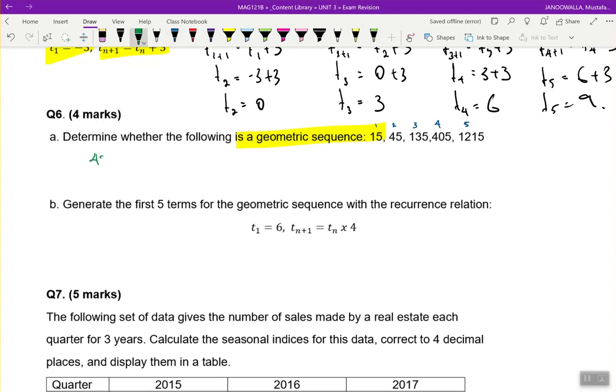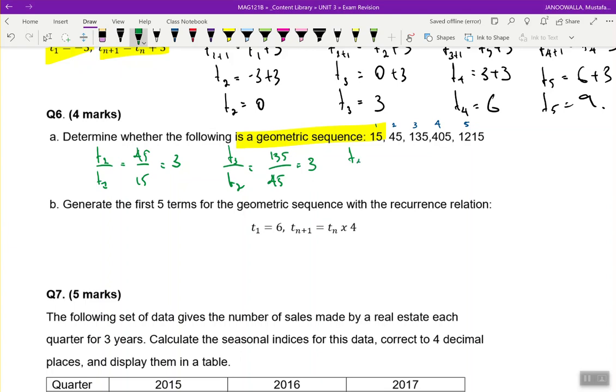So if I'm to write it out, term 2 over term 1 is 45 on 15, which is 3. Then term 3 over term 2, which is 135 on 45, that is also 3, and so on.